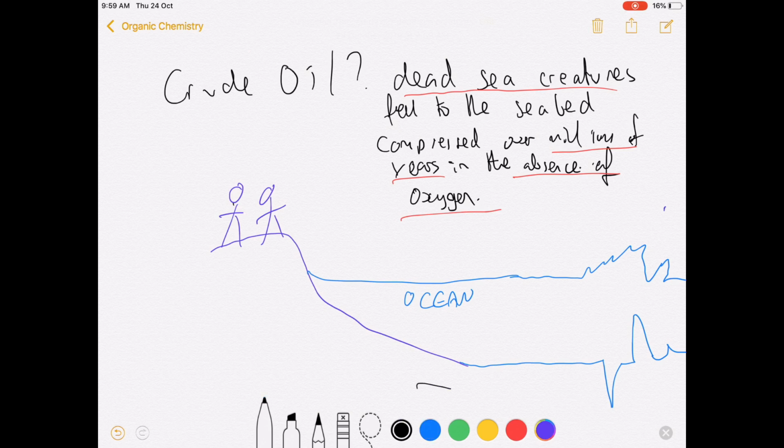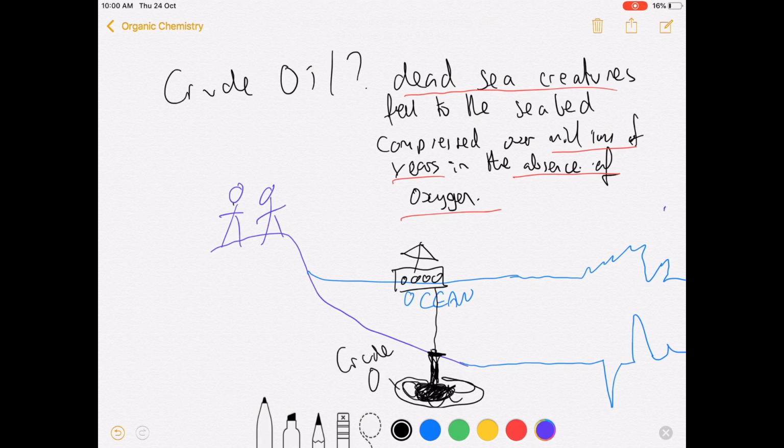This black sludgy stuff you often see on the news that's responsible for killing all the sea creatures that we're alive. So along comes, here's a ship. This is why I don't teach art. Here's a ship, comes along, got a big drill, drills through the rock of the seabed and accesses this big cavern of what we call crude oil.